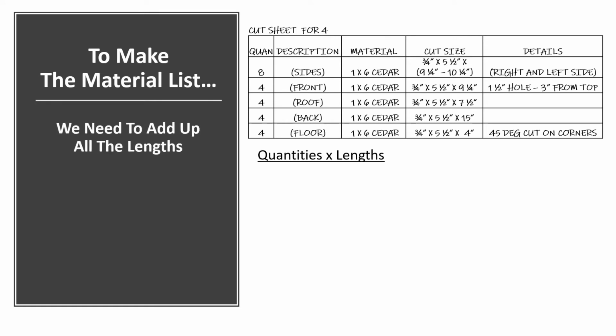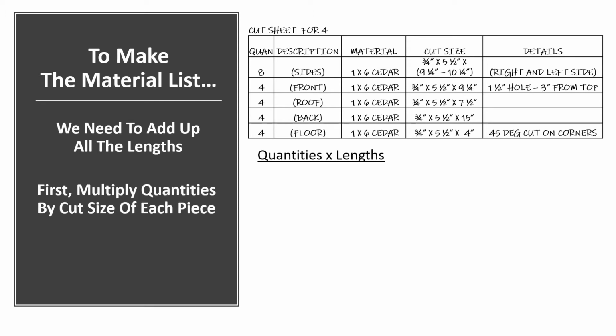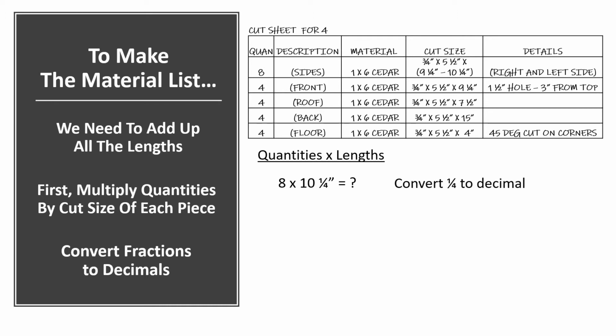All right, so we need to add up all these lengths, multiplying, like we said, the quantities times lengths. I would say, instead of doing it the improper way, let's just convert the fraction to decimals. So here, we just need to convert 1/4 to a decimal. All right, 1/4 equals 1 divided by 4.